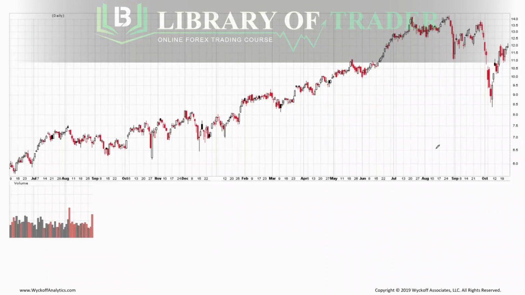You are given a price structure of a stock, and you are also given the initial volume signature. Those are your reference points. I'm giving you the time reference and the price reference as well, but those are less important. The key here and the task is to construct the volume signature based on the observation of the price action.